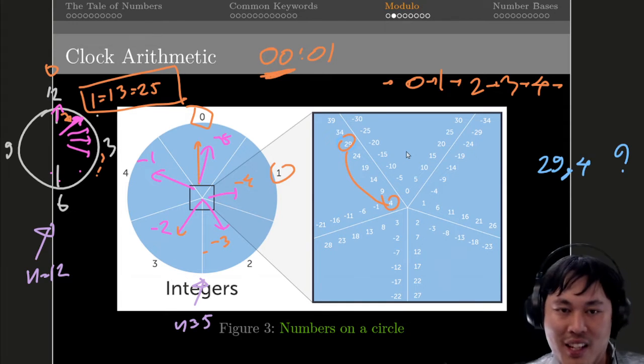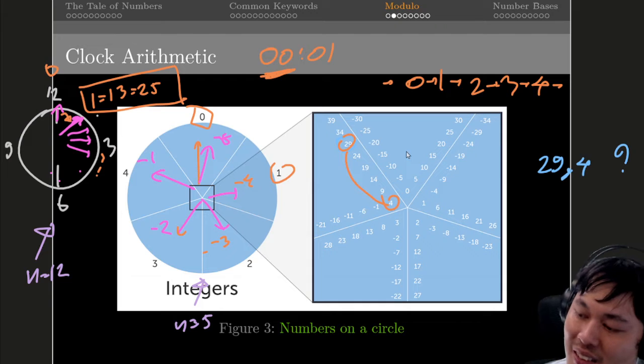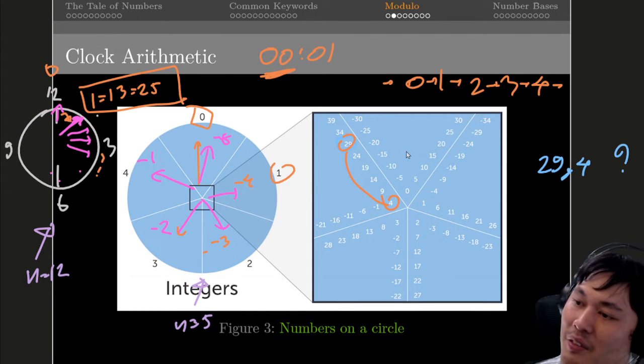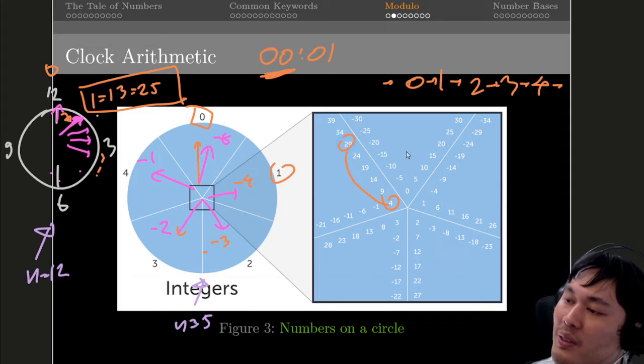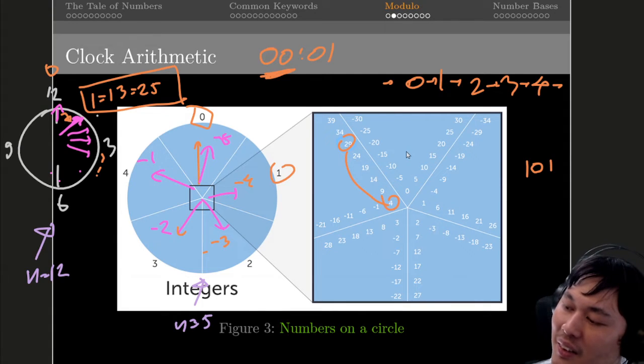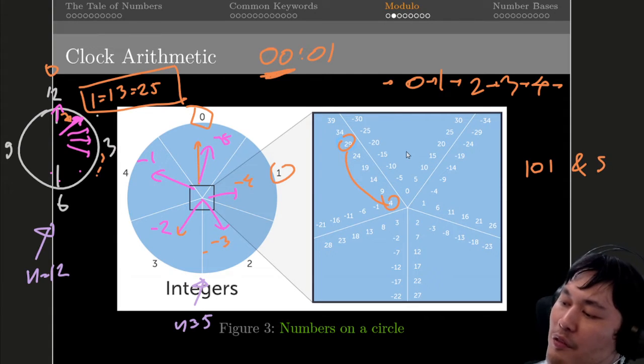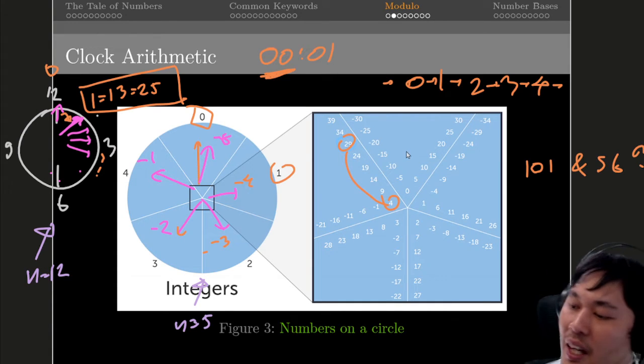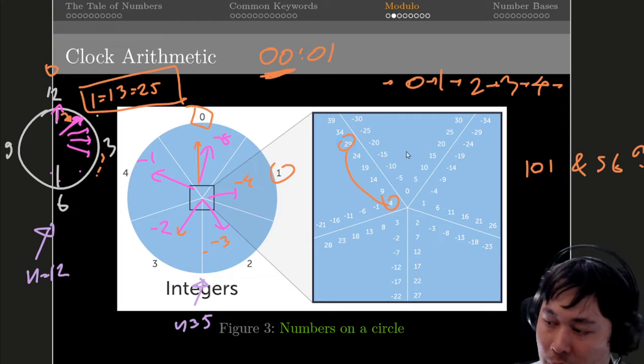It's easy, right? If I give you this image, you can just find them. But if I don't give you this image, if I ask you about 101 and 56, are they in the same section?